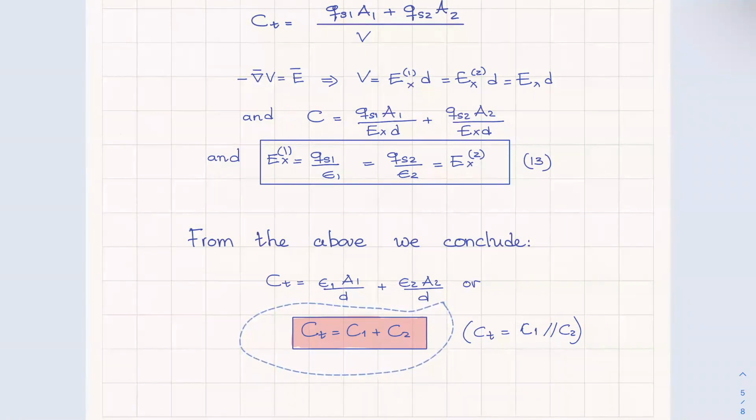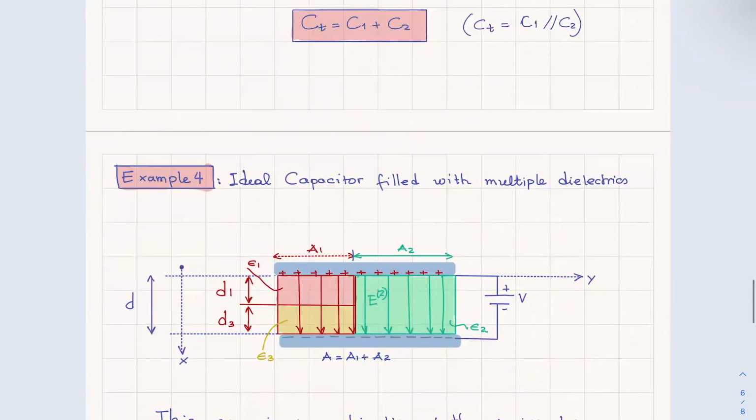In the previous case, where the dielectrics were placed horizontally next to each other, the capacitances are in series. In this case, where the dielectrics are side by side, vertically, the capacitances are in parallel and therefore the total is the sum.